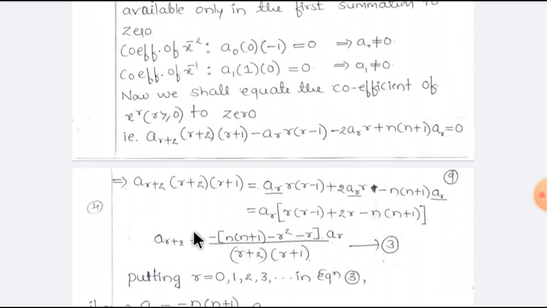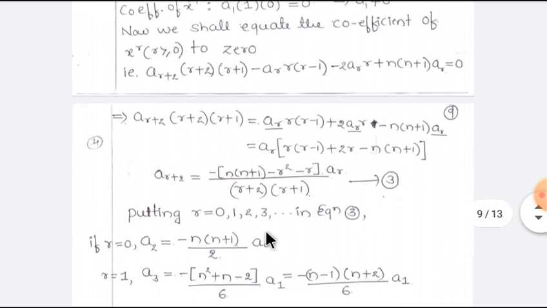So a(r plus 2) is equal to: take the first term, minus of n into n plus 1, minus into minus plus, so first term is r square, second term r square minus r, into ar, whole divided by, take these two terms to the RHS side, so it comes in the denominator, r plus 2 into r plus 1. Call it equation 3.